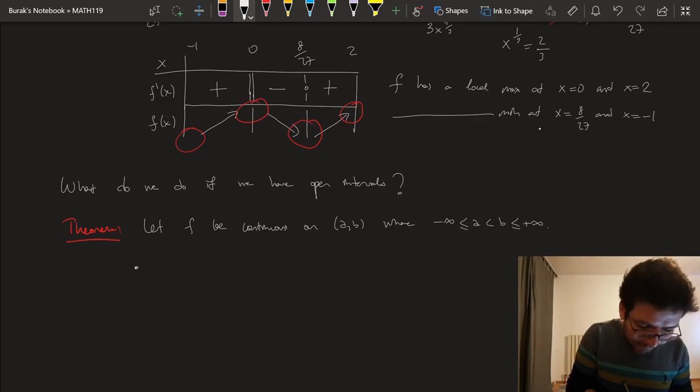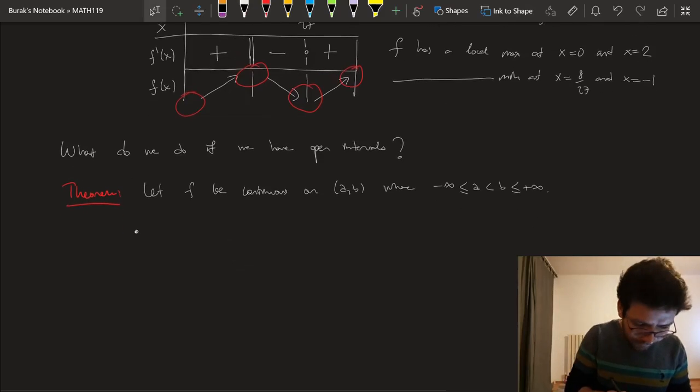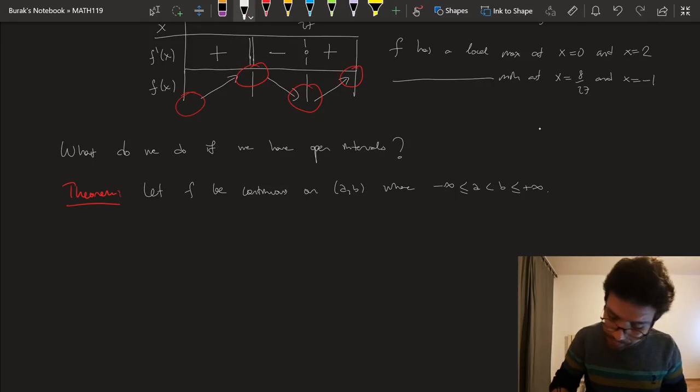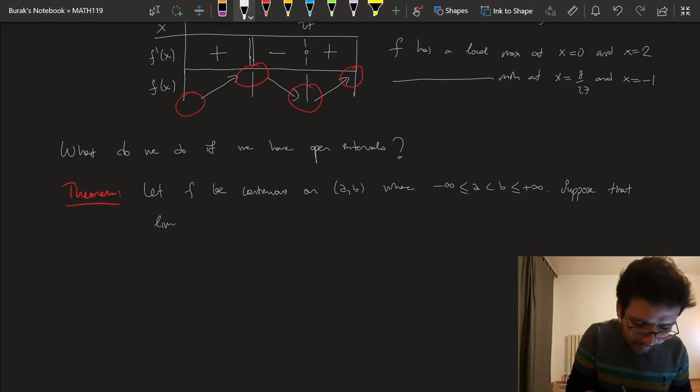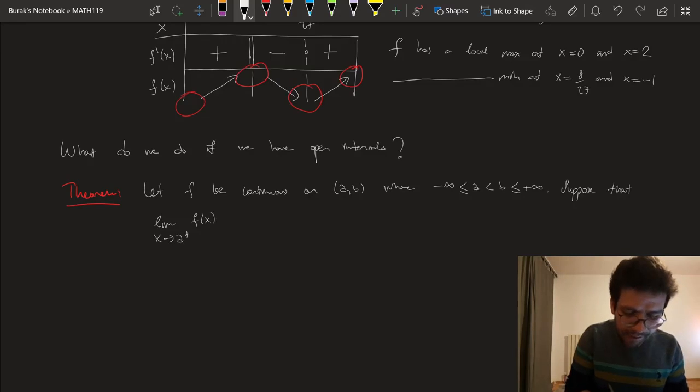The statement of the theorem is, suppose that I need some hypothesis. Suppose that the right limit of f at a is L and the left limit of f at b is M.